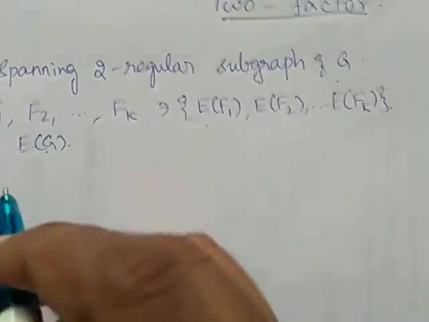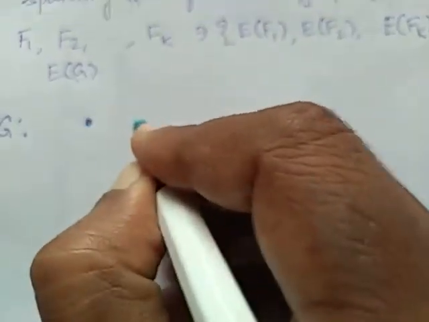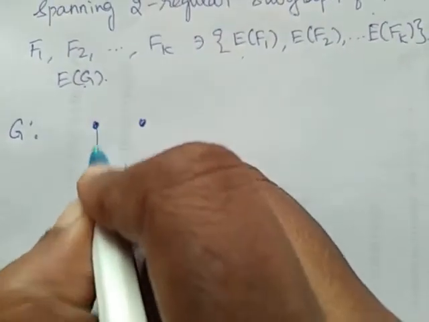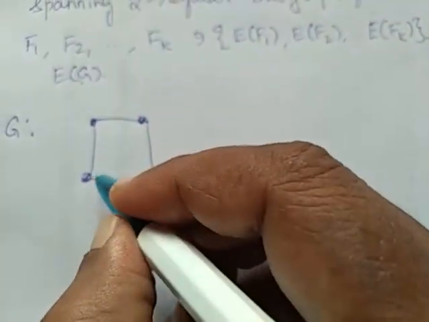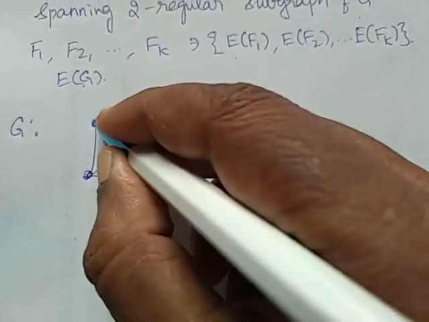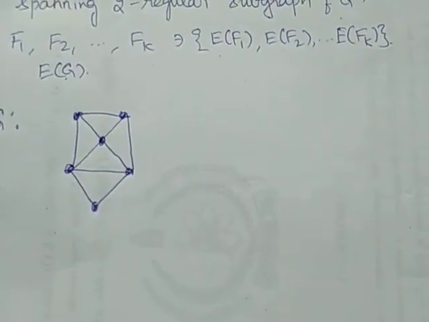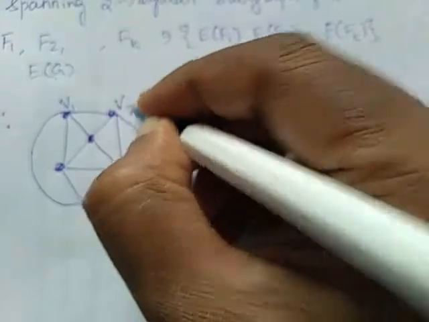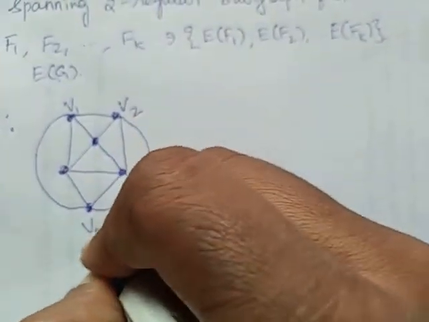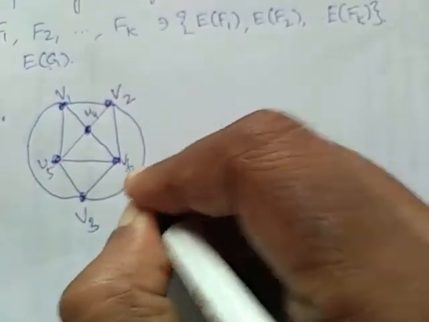For example, I consider a graph G in this way. Now we have to write a two factor for this graph. I'll take these vertices as V1, V2, V3, V4, V5 and V6.